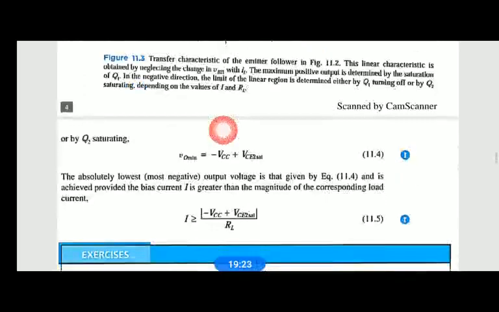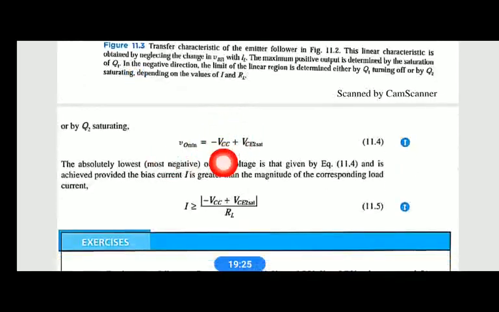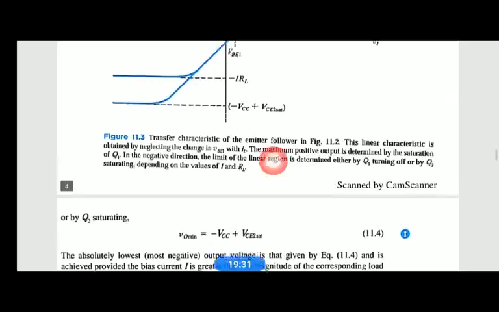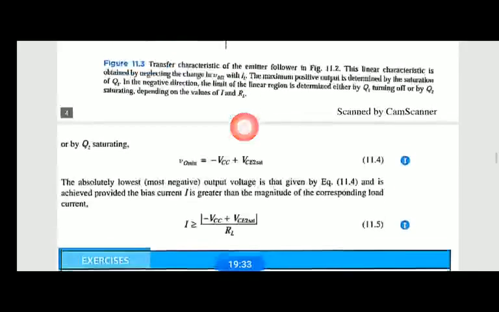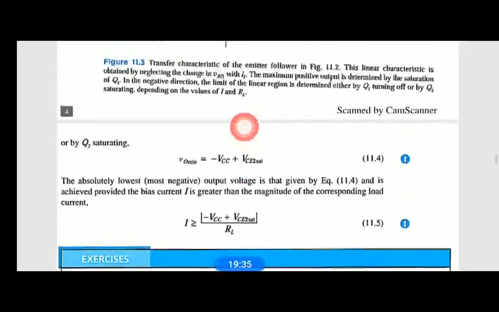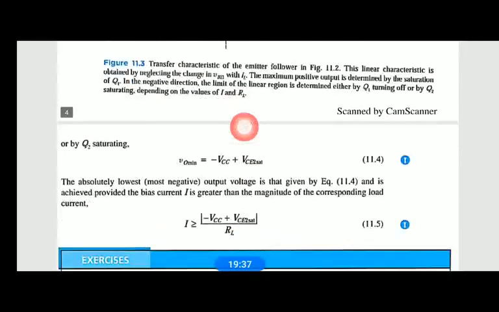So V0 is equal to minus VCC plus VSAT minimum, if you increase the value of I further. Therefore, for this condition, I should be greater than or equal to minus VCC plus VSAT divided by RL.